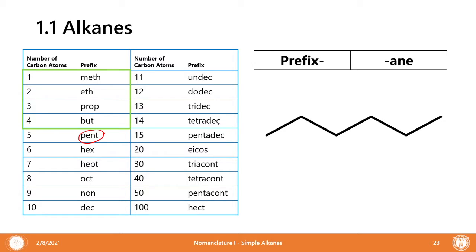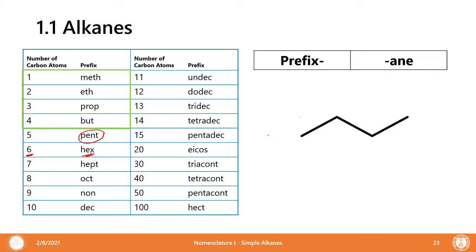Now, let's take a look at this alkane here. So this is a structural formula. Let's count the number of carbons that it contains: 1, 2, 3, 4, 5, and 6. If it has 6 carbons, then it must use the prefix hex. So it is hexane.